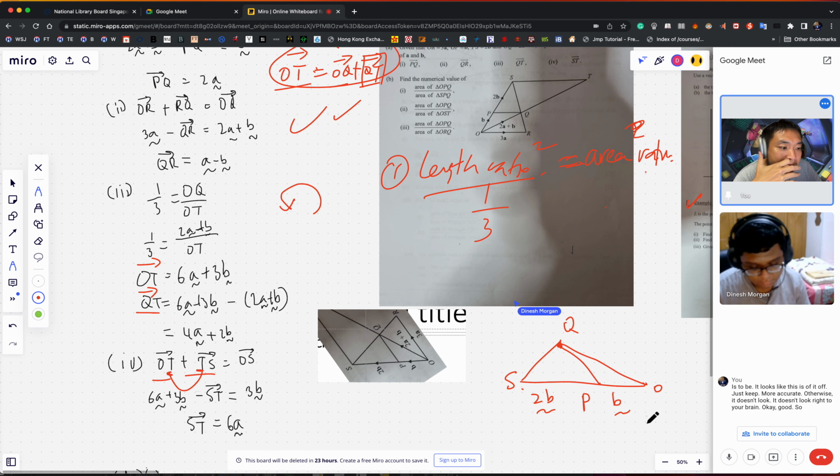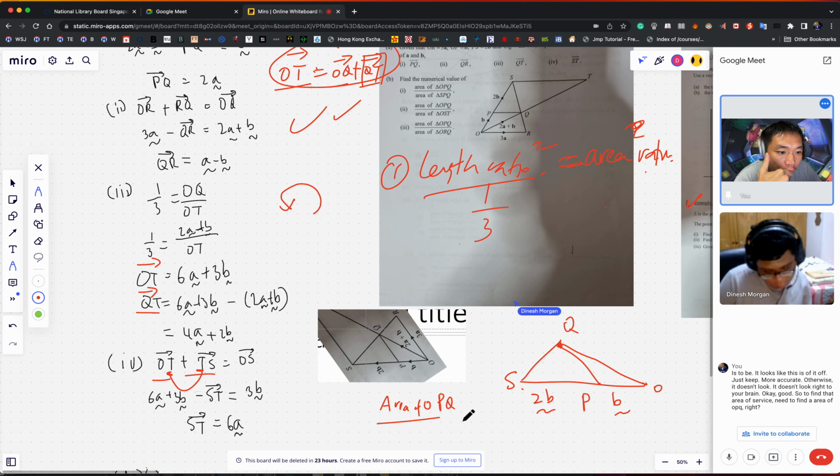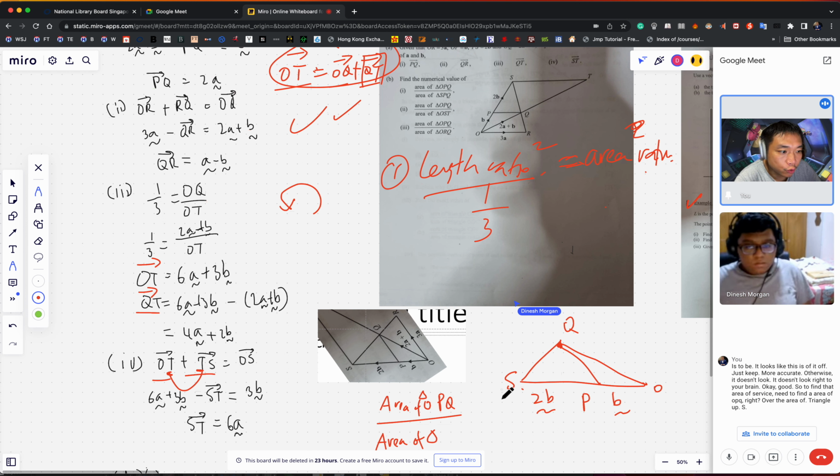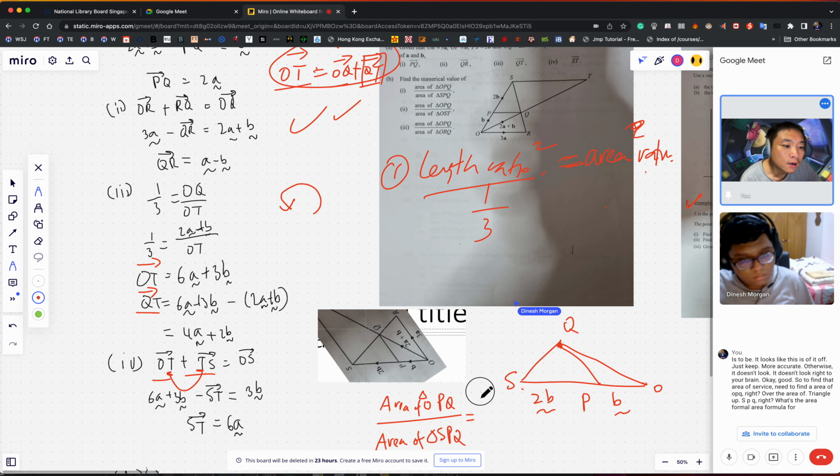So to find the area of OPQ over the area of triangle SPQ, what's the area formula for a triangle?